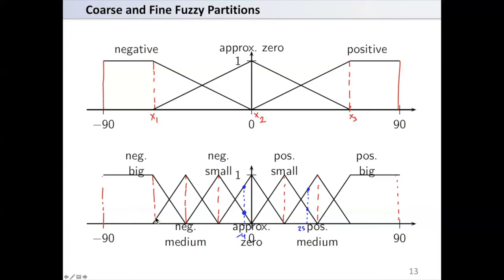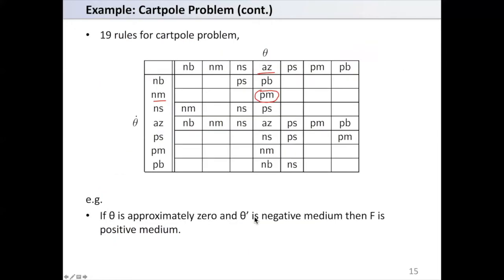So we have such center points, and around those, the fuzzy membership functions are defined. Notice that only the leftmost one and the rightmost one have trapezoid shape, and all the others are triangular membership functions. Here we have 19 rules for the Cartpole problem.